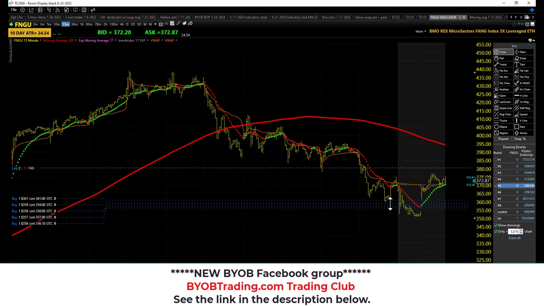That would be like 355, 360 area, and had a little pop off of support there, coming back up here to the 370 area. So last three candle bars just green.